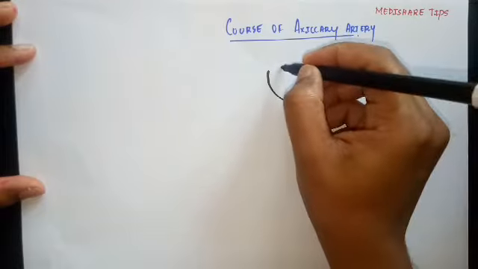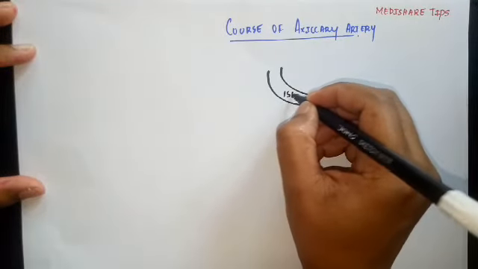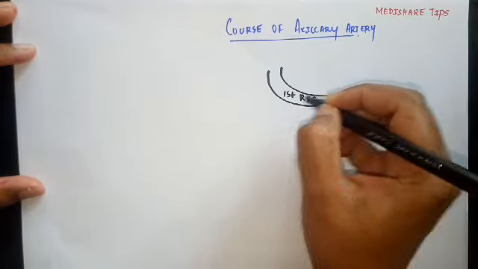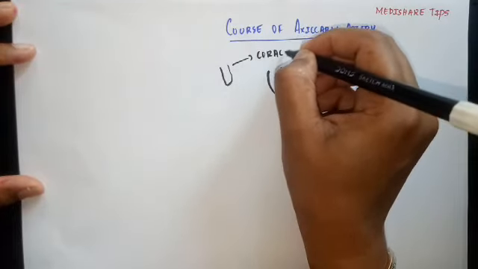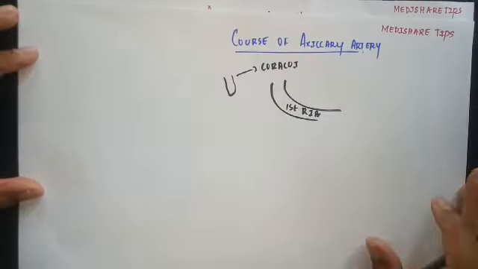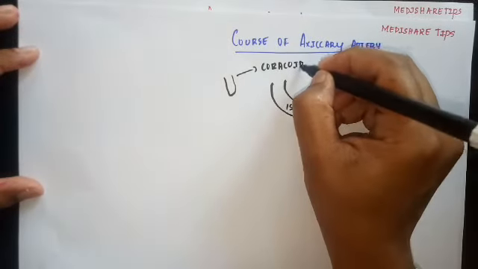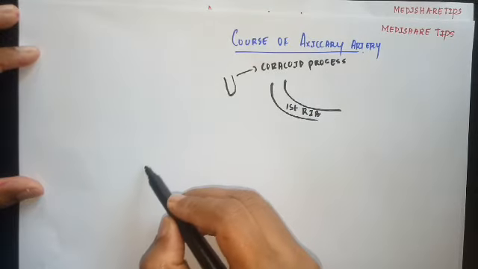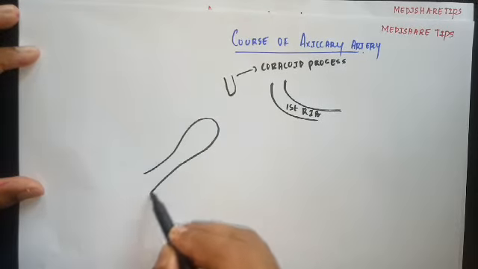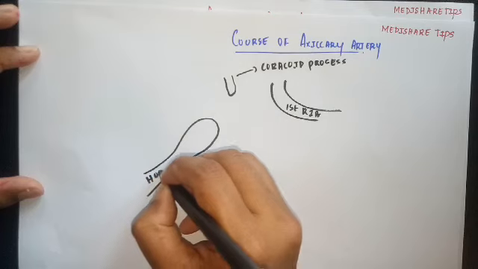This is the first rib, and this is the coracoid process. This is the humerus bone.